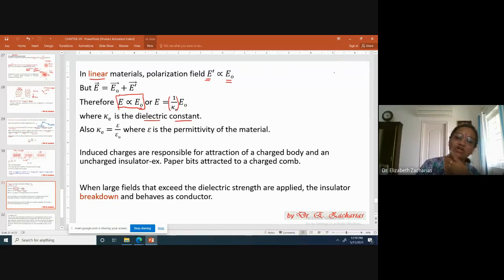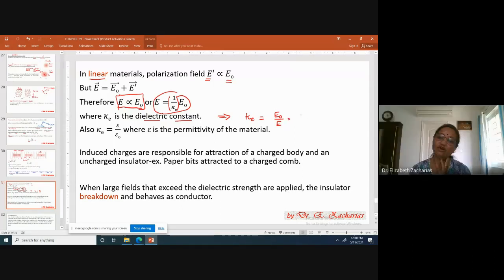I'm sure you've all heard of the dielectric constant. There is also another formula for it. From here, the dielectric constant kappa E can be written as E naught divided by E. Which is greater, E naught or E?